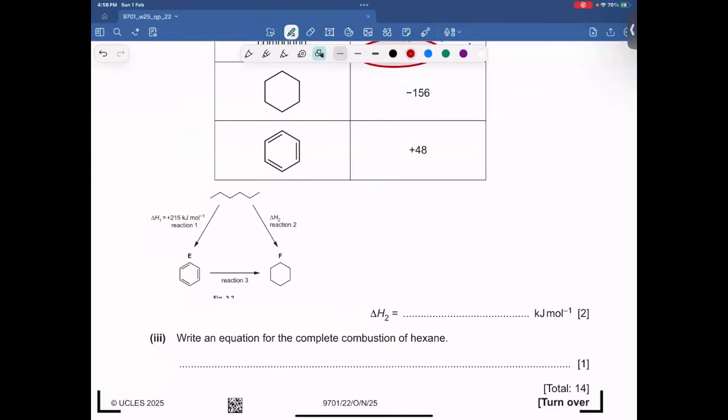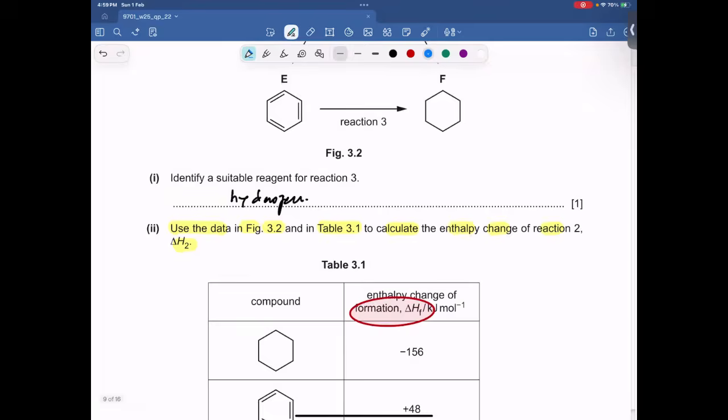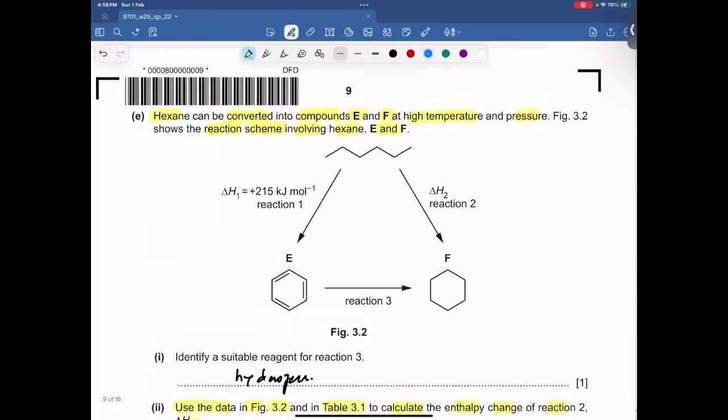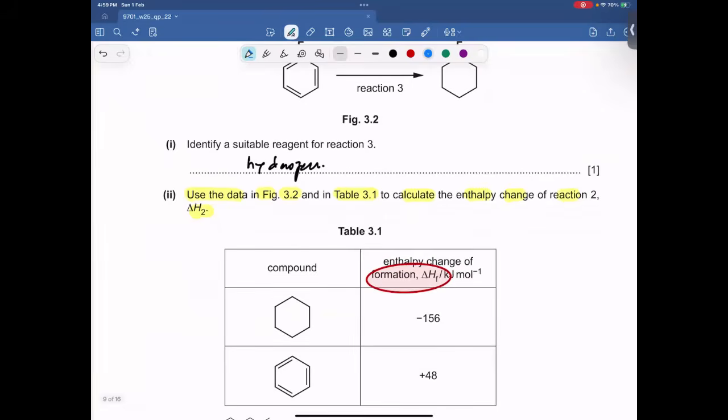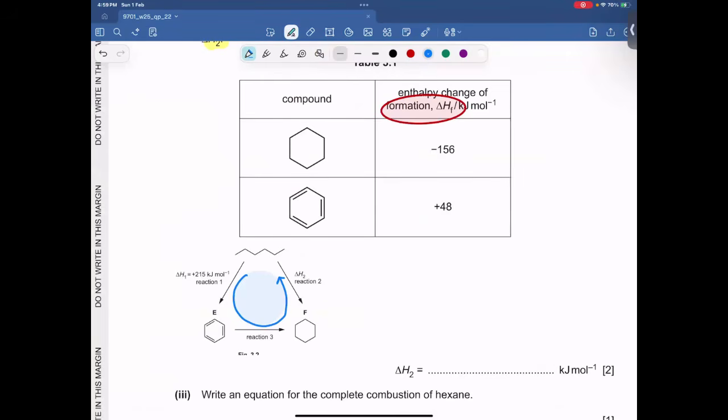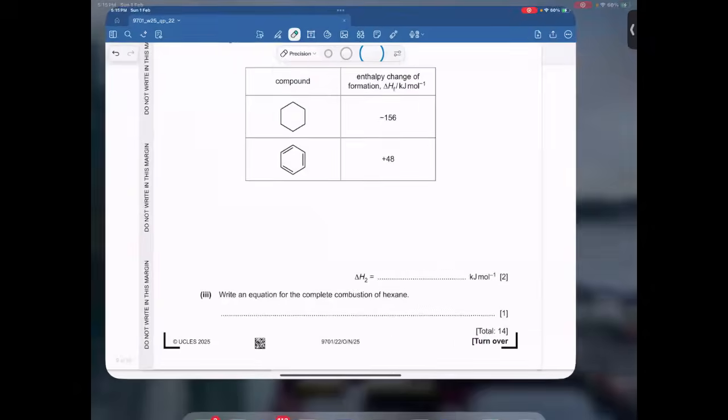So let me arrange this in clockwise direction. That's a tricky question. Let's continue the question.